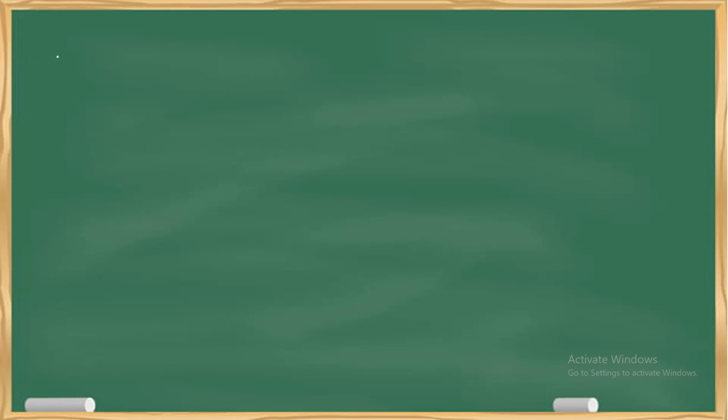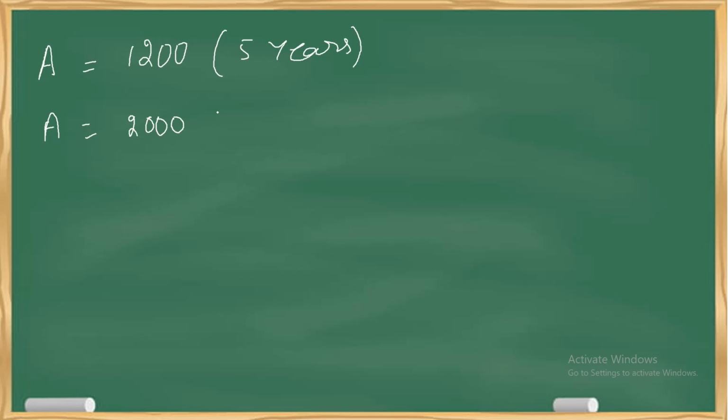Okay, we'll see that. Now a certain amount becoming 1200 in 5 years. For the same value, the amount is becoming 2000 in 9 years.